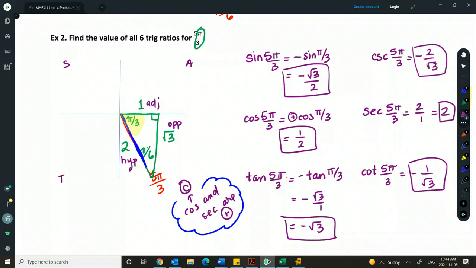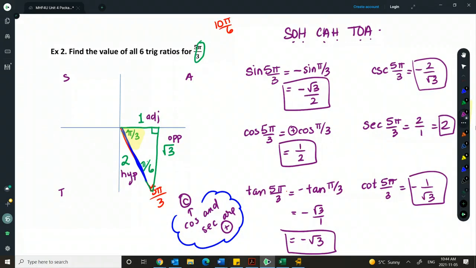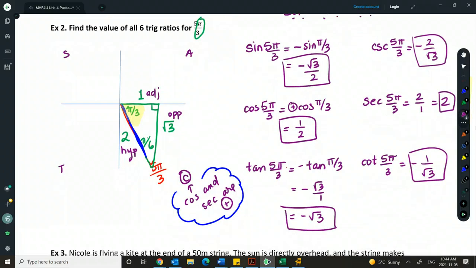From there, I'm just using SOHCAHTOA to set up opposite over hypotenuse, adjacent over hypotenuse, opposite over adjacent. And I'm using the cast rule to decide which of these will be positives and which will be negatives. So because we're in the cosine quadrant, cosine and secant have to be positive, cosine and its reciprocal ratio.